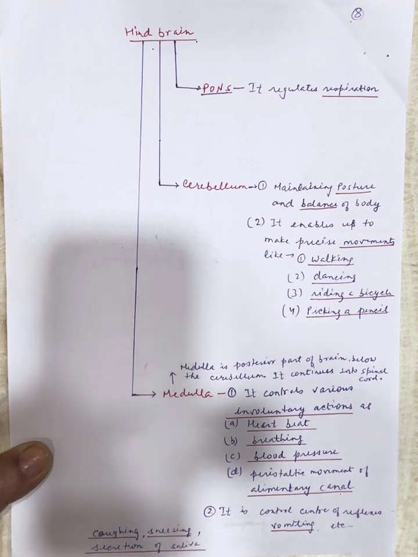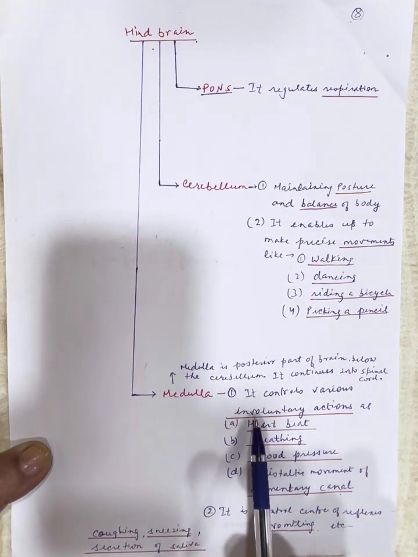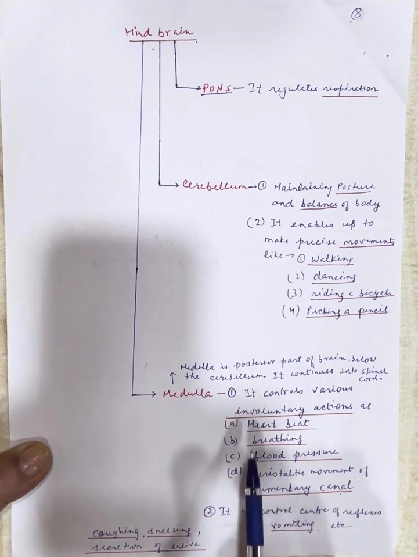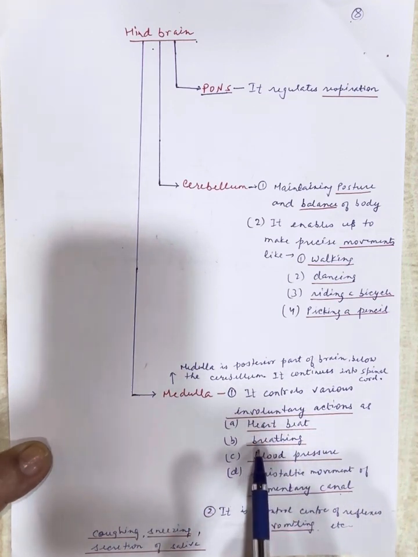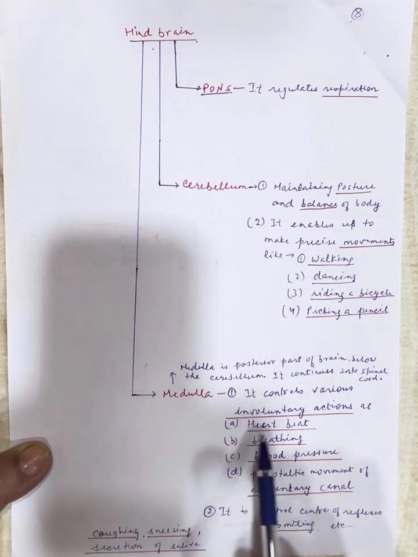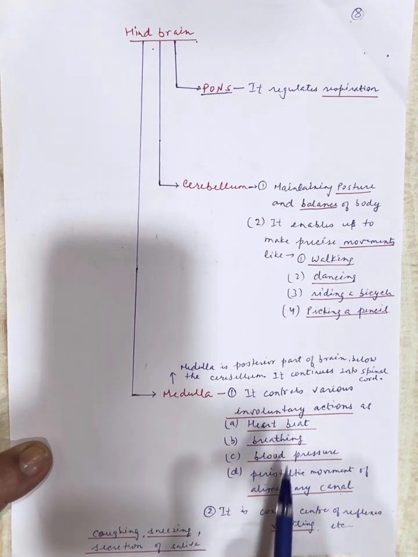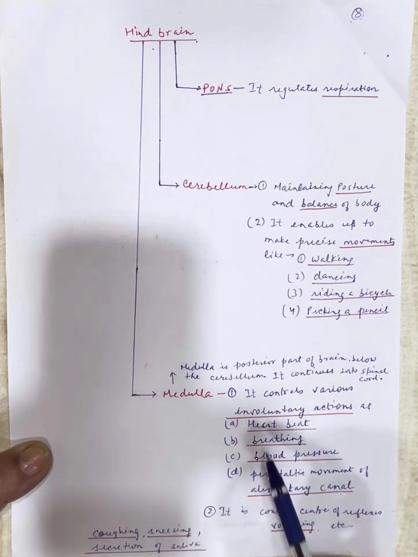You have seen that the cerebrum controls the voluntary actions, and the medulla controls various involuntary actions which are not under our control. These are heartbeat, breathing, blood pressure and peristaltic movement of the alimentary canal. These are automatic functions that we do not regulate at will.